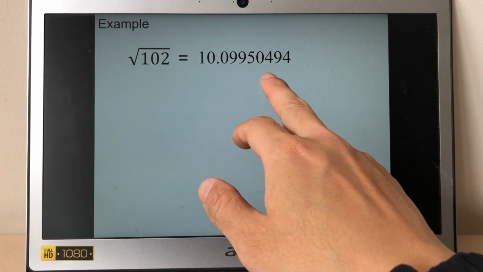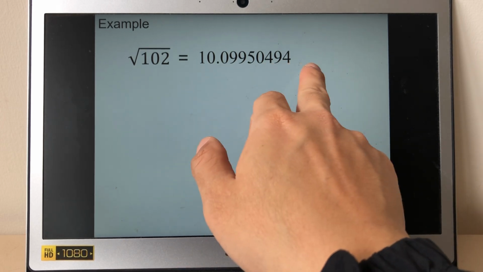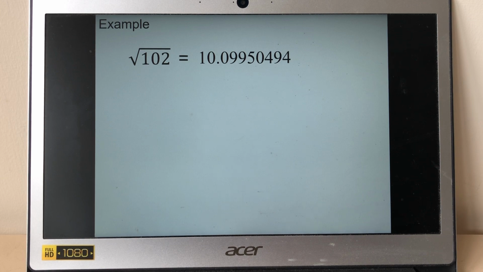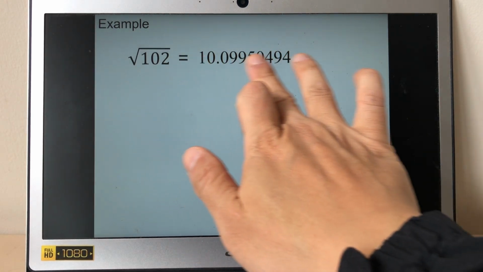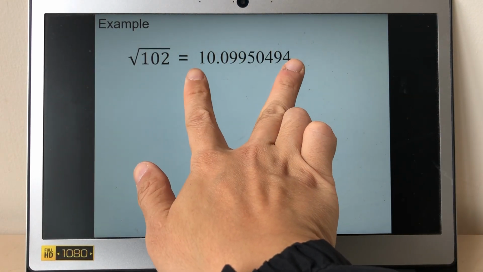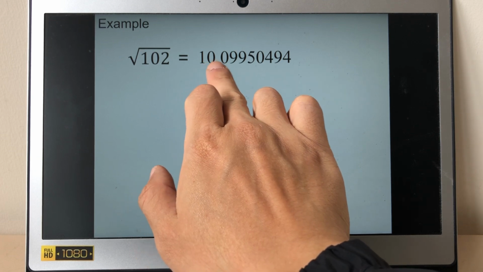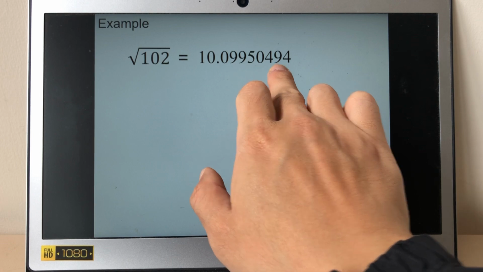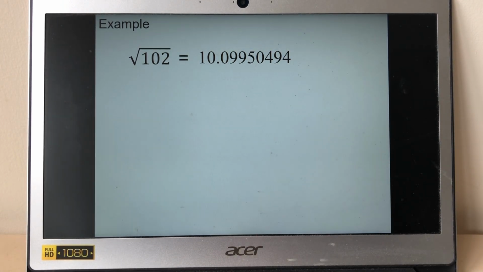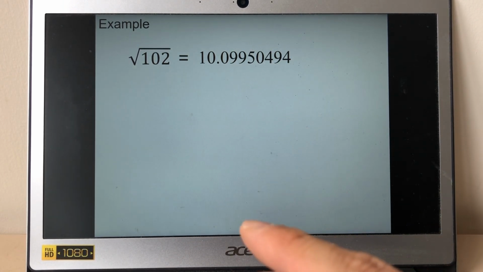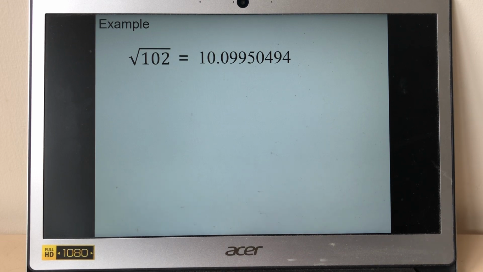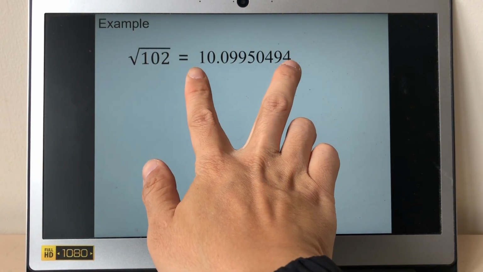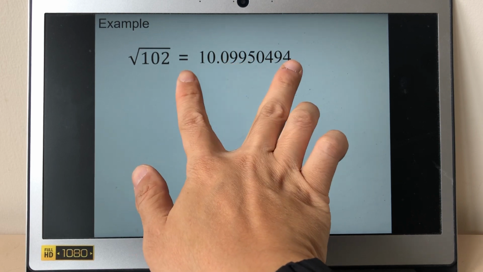But this is so inconvenient to use this number because it is too long. And therefore, usually when we have a very long number with many decimal numbers after the decimal point, we have to use an approximated value. A value which is very close to this value, but not that long.